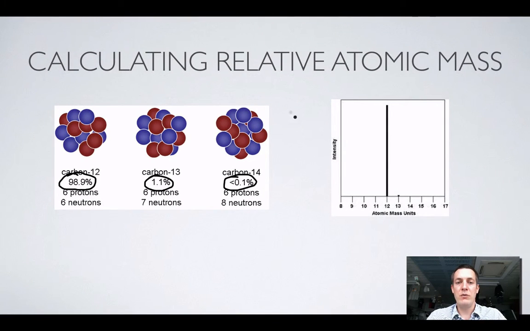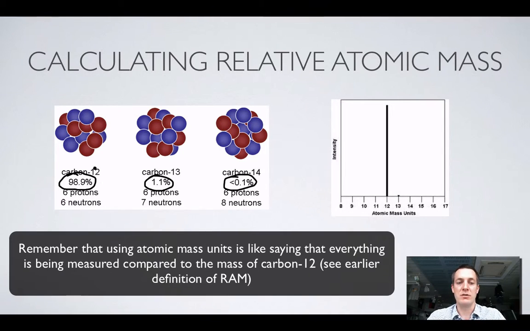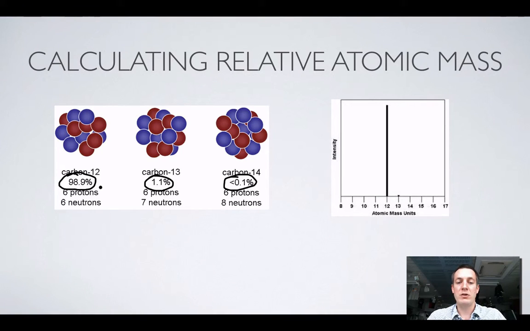Now if we want to calculate the relative atomic mass of carbon, that is to say the average mass of a carbon atom in atomic mass units, relative to the mass of an atom of carbon-12, we've got to not only find the average mass of all the isotopes, which would obviously just be 13, but we've got to take into consideration the percentages of them.